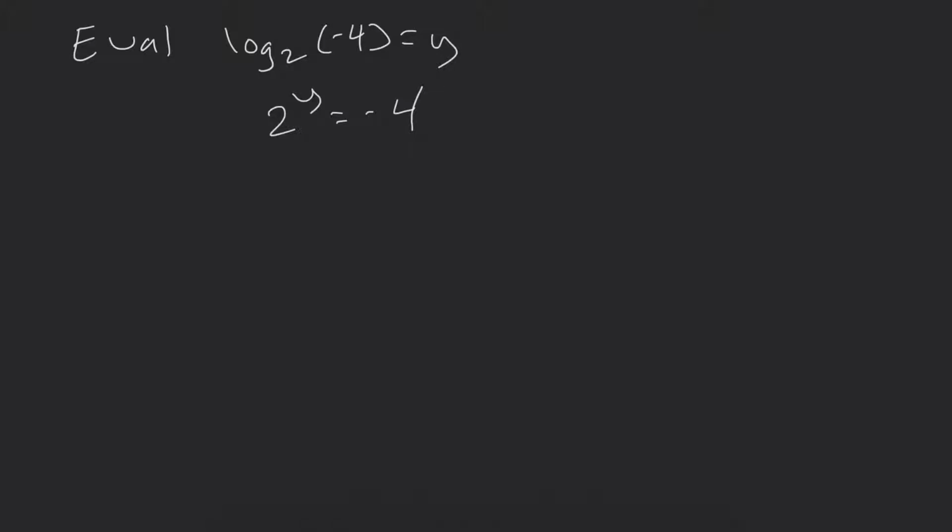And now I'm trying to think of a way to rewrite negative 4 as 2 to something. I'm trying to get the same base on both sides here, but I'm having trouble with this. If I think about my exponential functions from the previous section, that exponential function 2 to the y is never equal to any negative number.